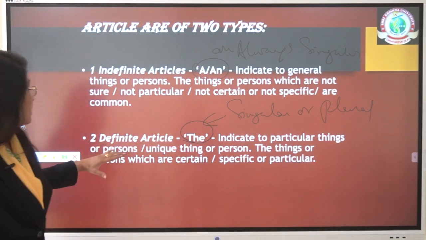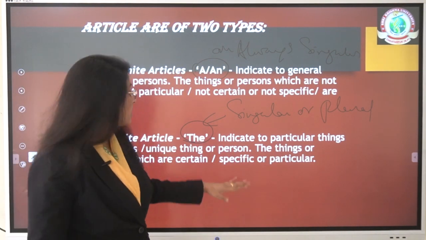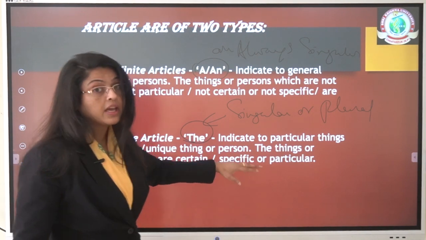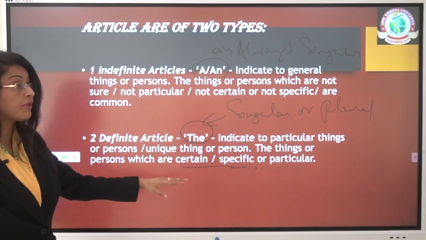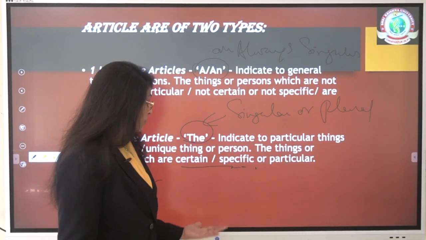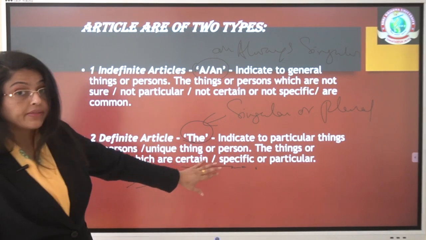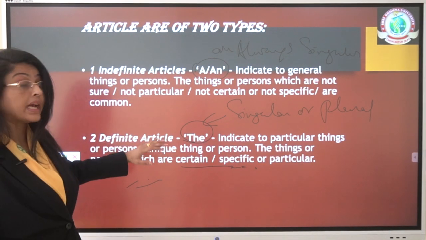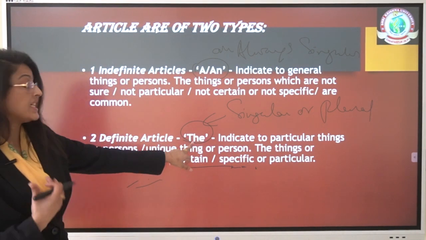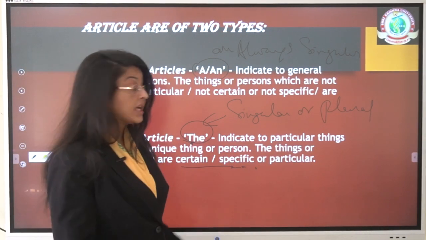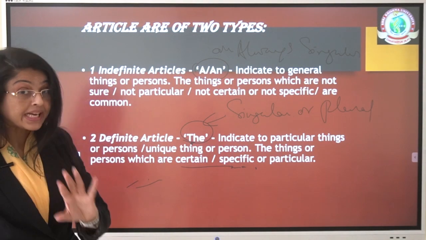Because whenever you are using the, it has to be a specific person. Even if you are denoting two specific things, for example, the Eiffel Tower or the Taj Mahal, then two plural nouns are there. So for plural nouns, the is used depending on how the noun begins, what's the sound. Now here again we are talking about the sound, we are not talking about the letters.